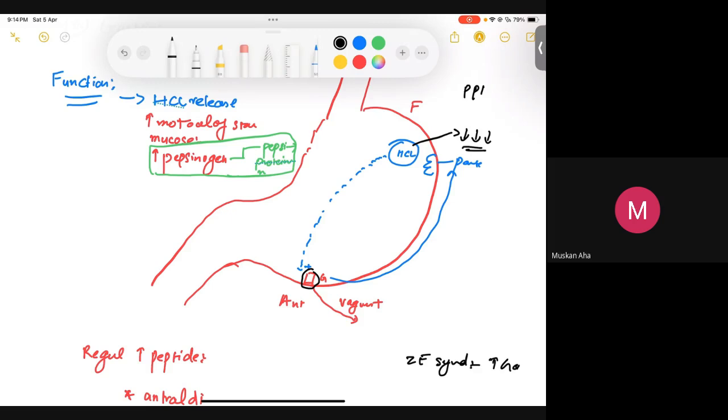Just think of the negative feedback inhibition being gone. Less HCl is being produced due to intake of PPI, so gastrin will be increased. The G cells are going to undergo hypertrophy, right?